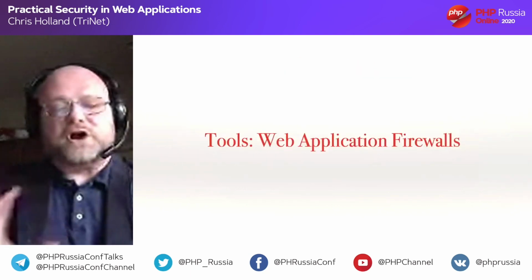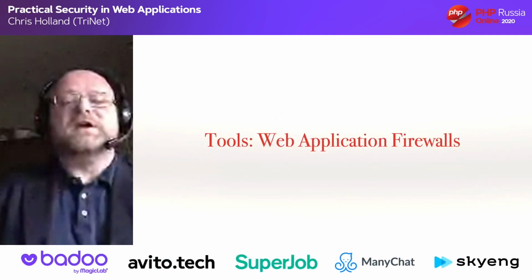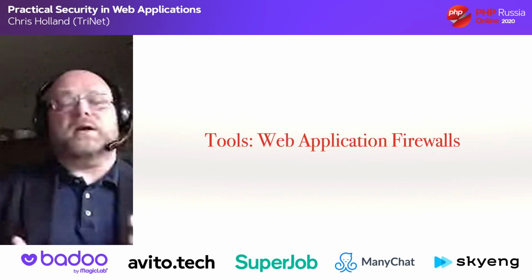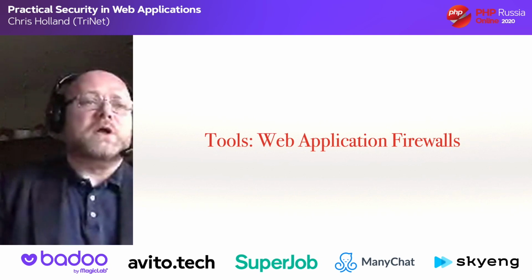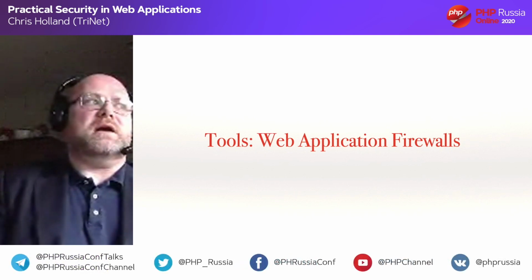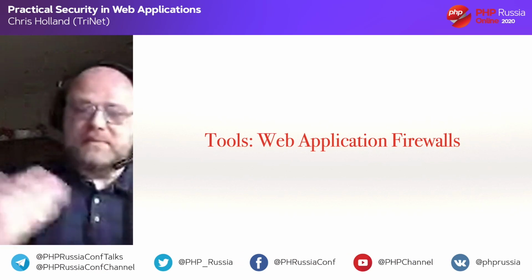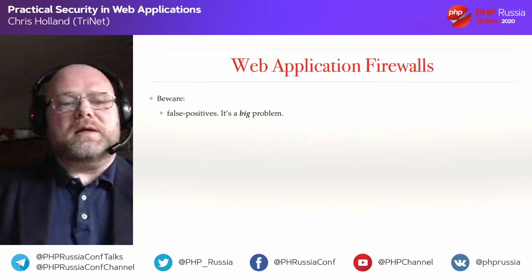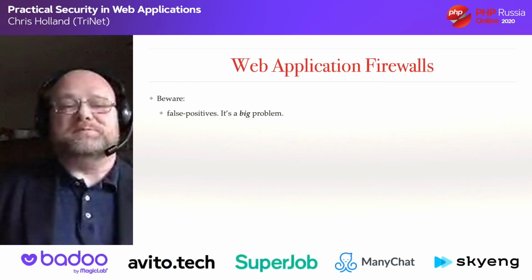Okay, so now let's look at web application firewalls. So I always try to caution people with web application firewalls. So typically, they're a reverse proxy that you put in front of the web server. It could also be an HTTP daemon plugin that you run. The biggest issue I've run into with those is false positives.